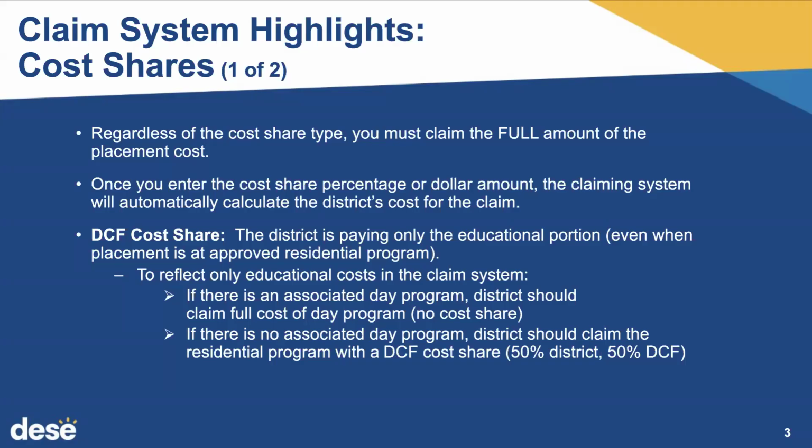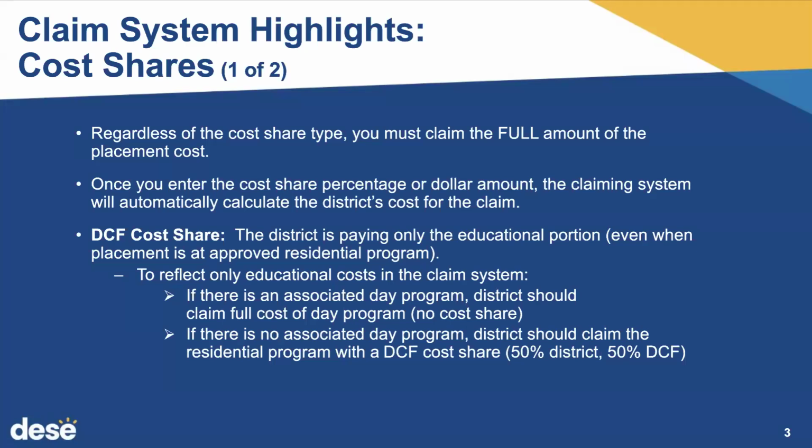For DCF cost shares, we know there's two different circumstances. You could be claiming with DCF for the student's placement, but the district is only responsible for the educational portion of the student's placement.